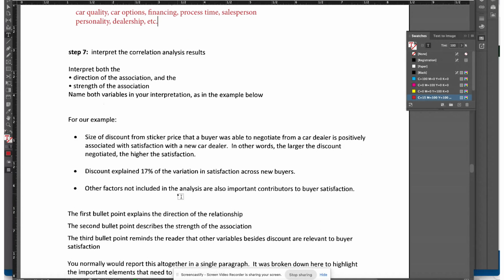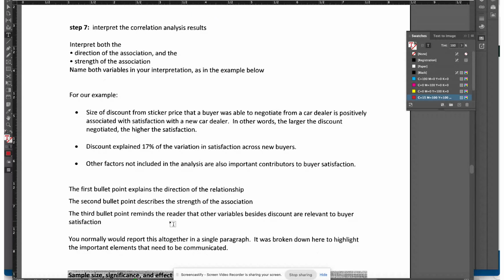Other factors not included in the analysis are also important contributors to buyer satisfaction because there's still 83% unexplained. So the third bullet point reminds the reader that other variables besides discount are relevant to buyer satisfaction. Now, you would normally report all of these together in one paragraph, but just for educational purposes, to highlight the important elements, we presented it this way.